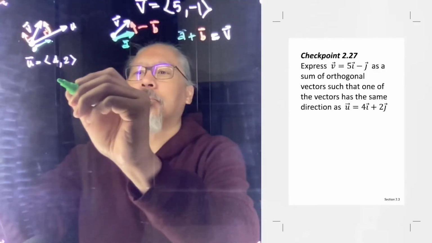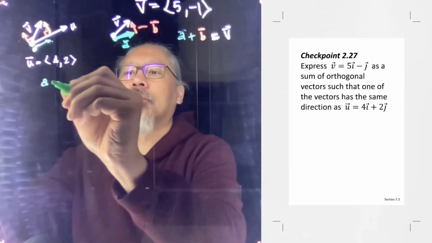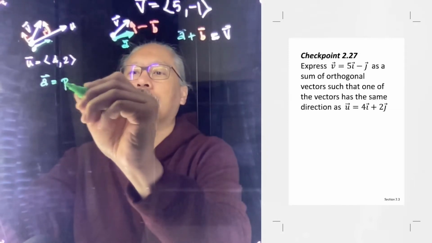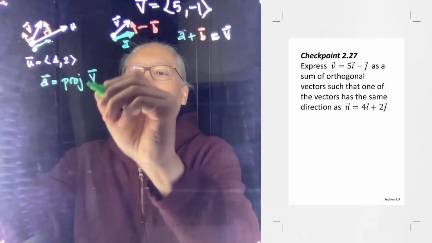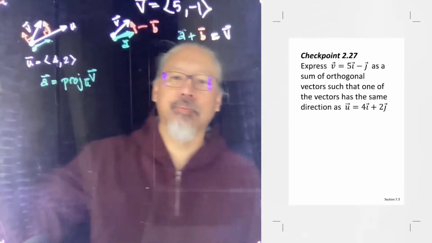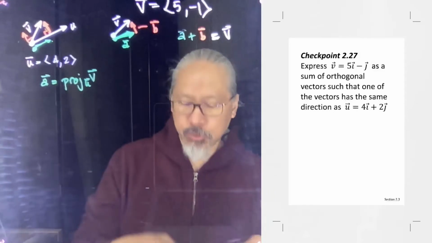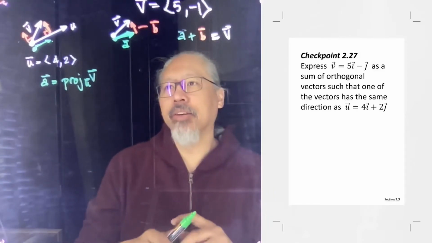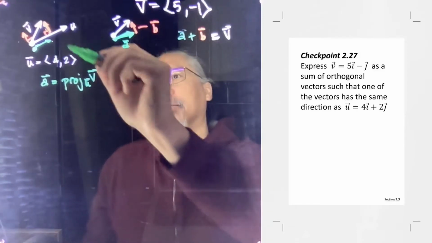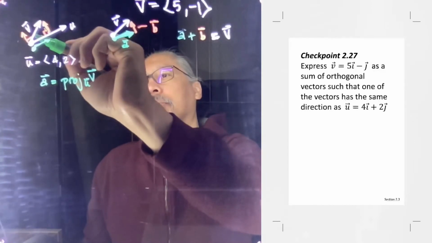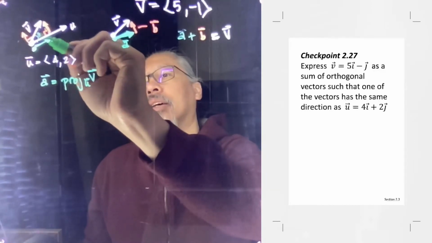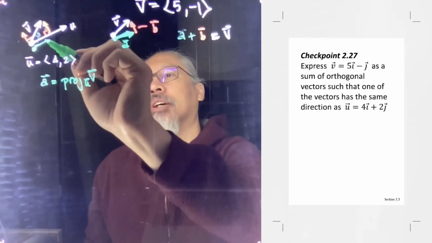There's a formula for the projection. a is actually going to be the projection of v onto u. And the idea behind the projection, without re-deriving it, is that we're going to measure this angle theta, and we're going to project v onto u.